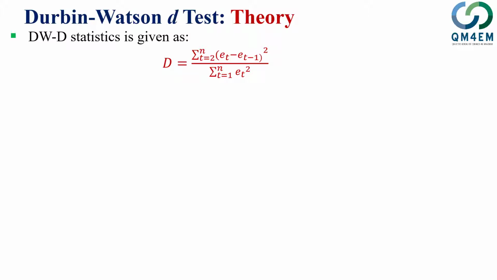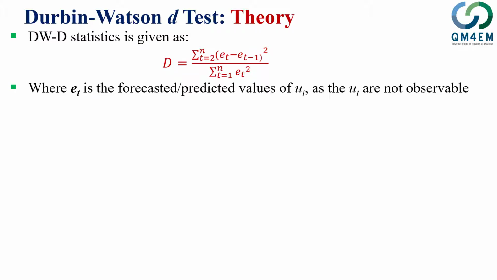If you look at this formula, there are two error terms, e_t and e_t minus 1, reflecting the residual value in period t and in period t minus 1. Now this D statistic value is based on the original population error term values. However, these values are never observable, so instead we use the predicted values of the residual terms or error terms.